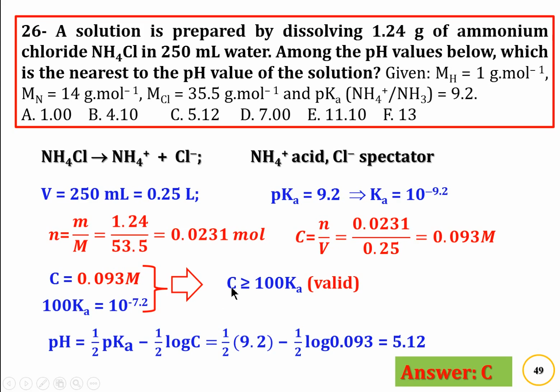In this problem, C0 is greater than or equal to 100 Ka, so we apply directly the formula pH equals half pKa plus half pC0, equals half pKa minus half log C, so equals 5.12. The correct answer is C.